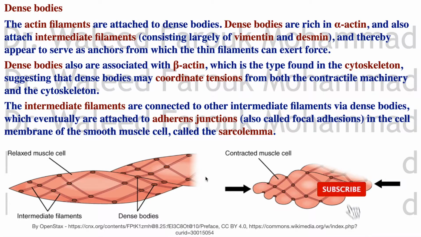The intermediate filaments are connected to each other via dense bodies, and the dense bodies eventually attach to adherens junctions to the sarcolemma of the cell. Adherens junctions, also called focal adhesions, connect the cytoskeleton of the cell to the dense bodies.